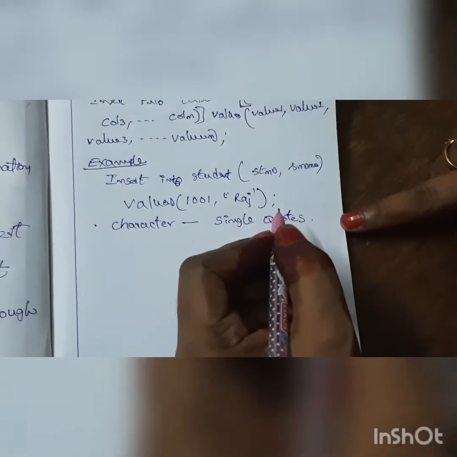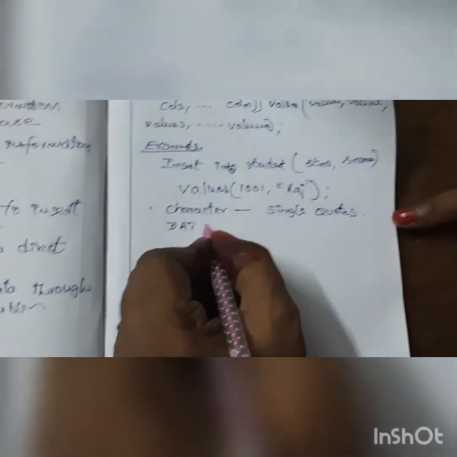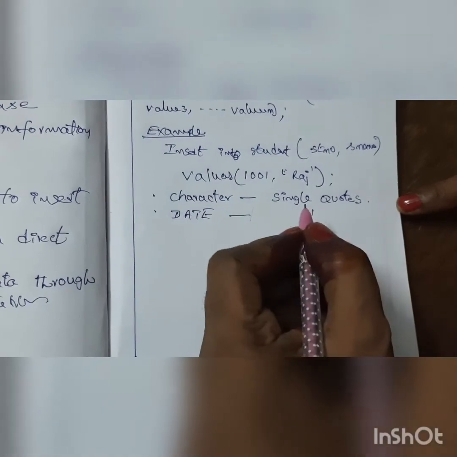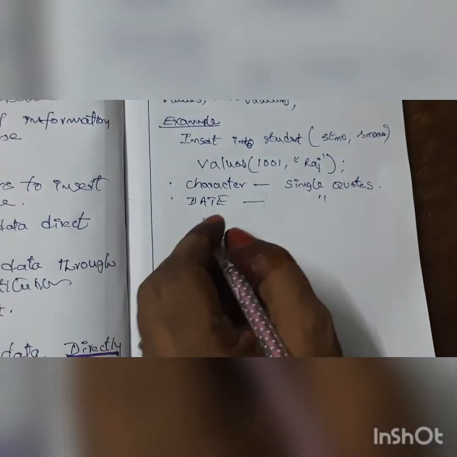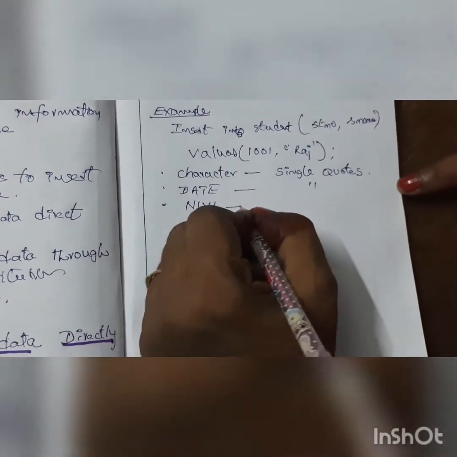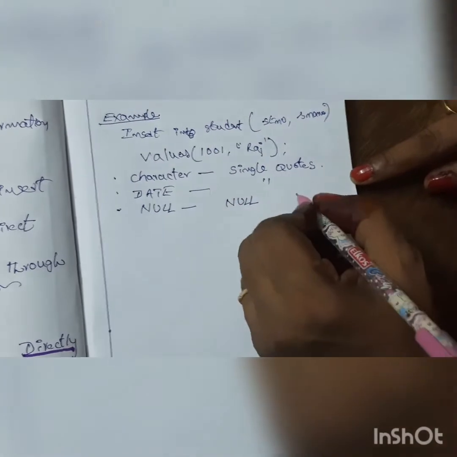Date type columns are also enclosed within single quotes. Null values are given as null, without any quotes.